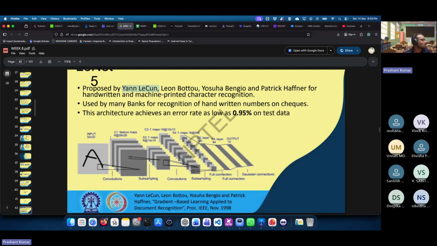You can see that the 32 by 32 input has been converted into 6 feature maps using 6 kernels. Then after some activation, the 6 maps are pooled. Pooling is also called subsampling many times.